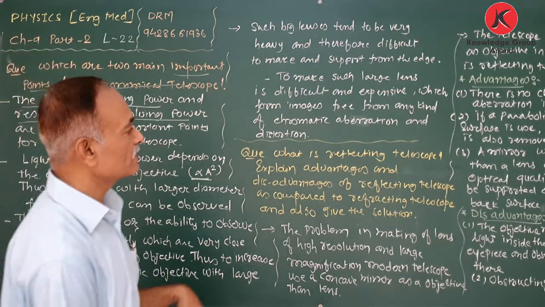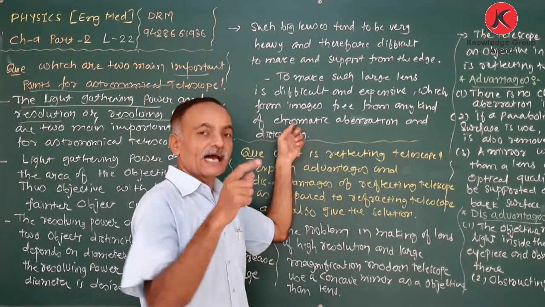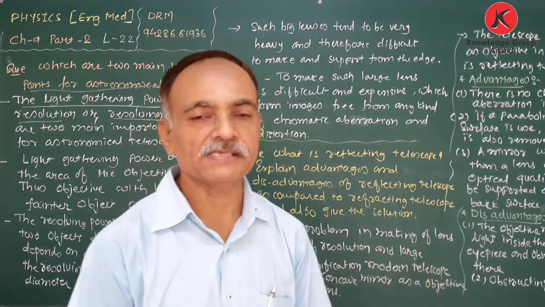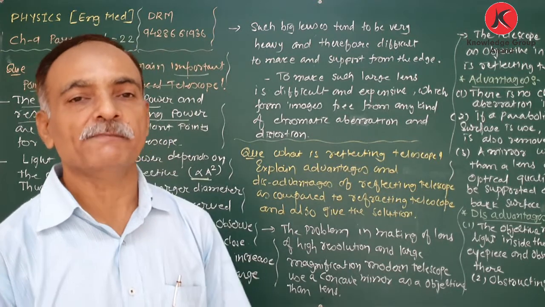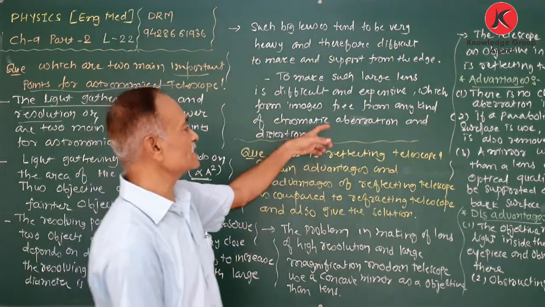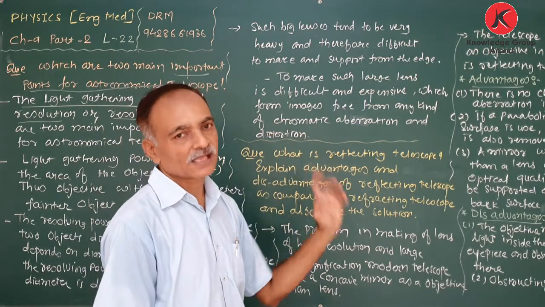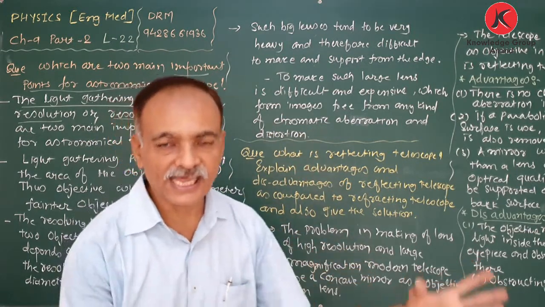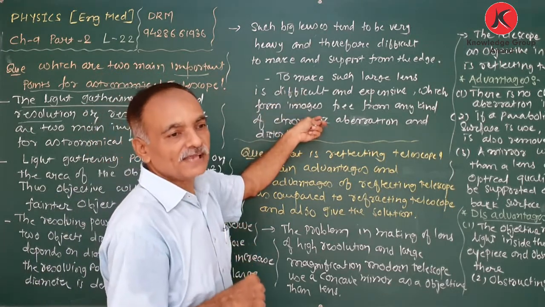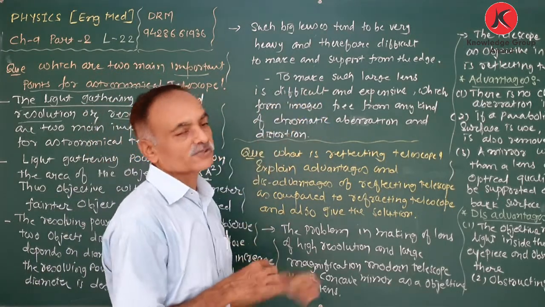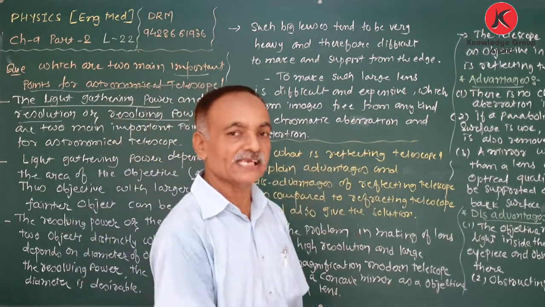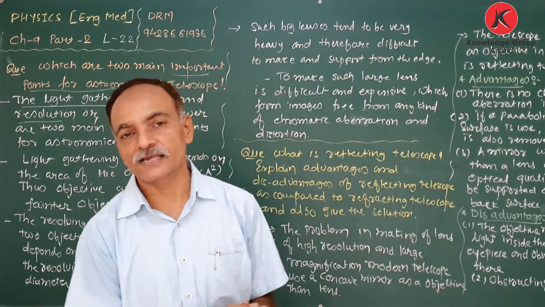One more benefit of a lens with larger diameter is that the chromatic and spherical aberrations are removed, and also no distortion takes place in the image. But with the larger diameter, preparing the objective lens is very difficult and expensive. And mounting this objective in a telescope is also very difficult due to its greater weight.